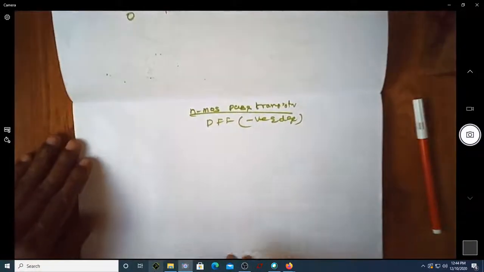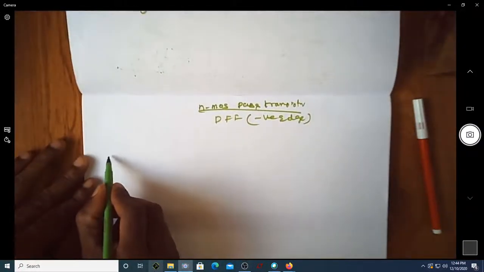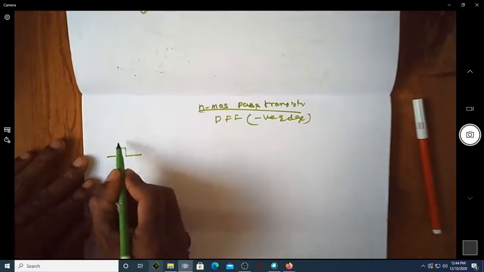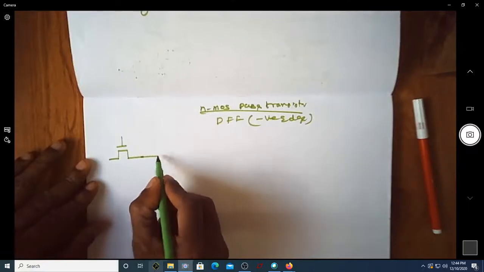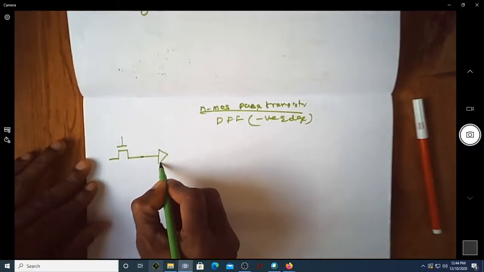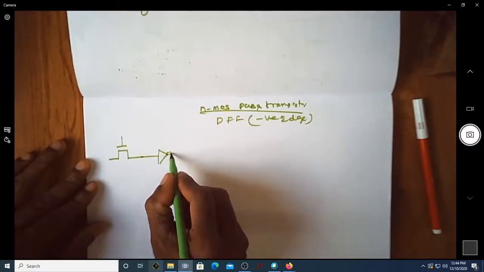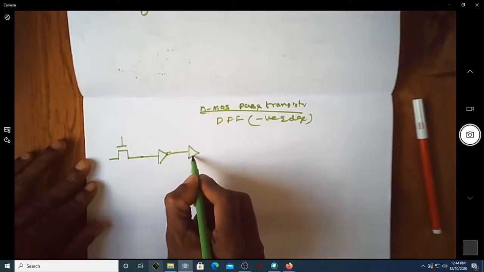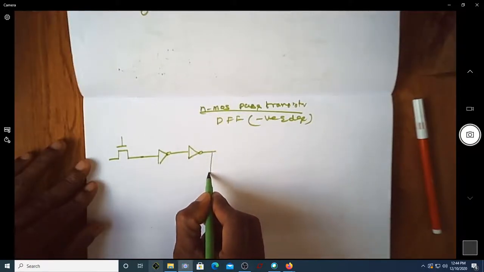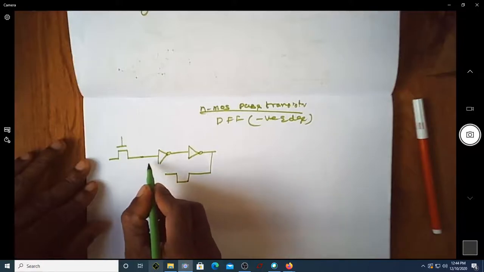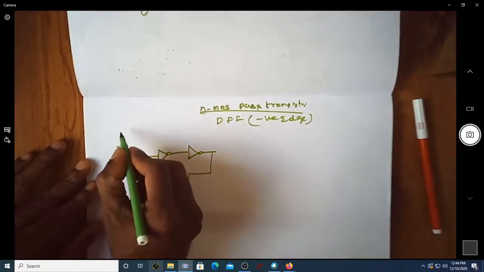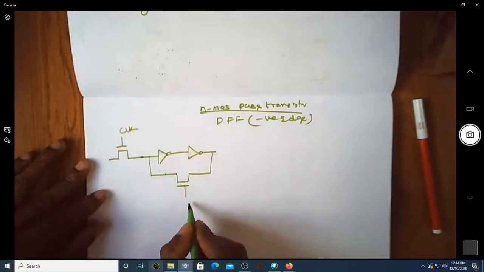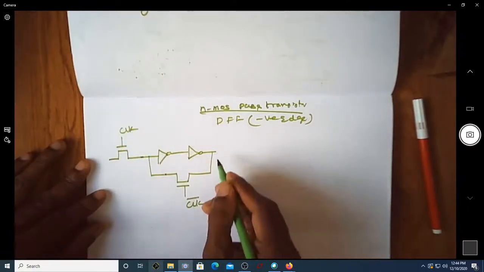those pass transistors. Let me say this is my pass transistor which is used for sampling, and let me have this as my hold configuration where I can hold the value when the clock is, let us take this as clock, this is clock bar.